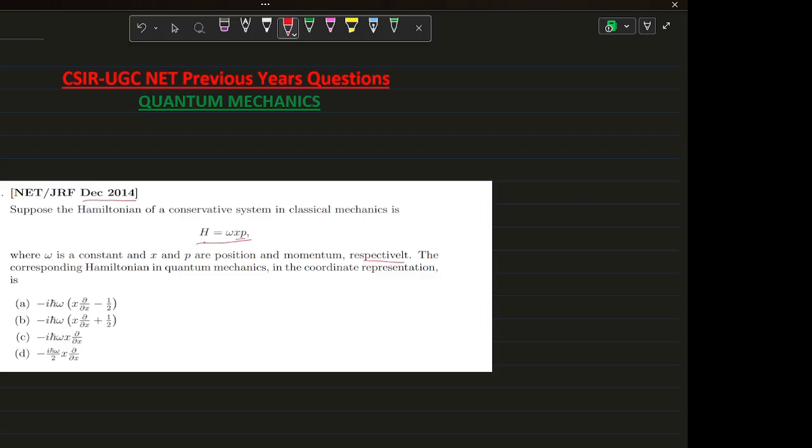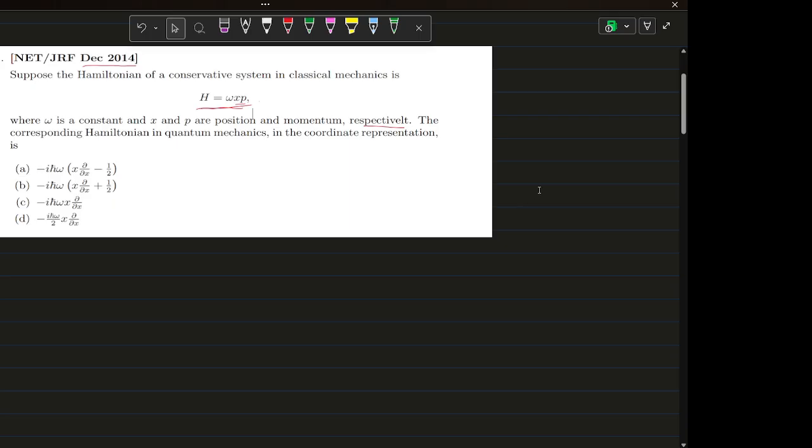So what we have to do is write this Hamiltonian in quantum mechanics, because it is written in classical mechanics. So let's first write the Hamiltonian, position and momentum in operator form. So let's write the solution. We can write the classical Hamiltonian as the quantum Hamiltonian H cap.